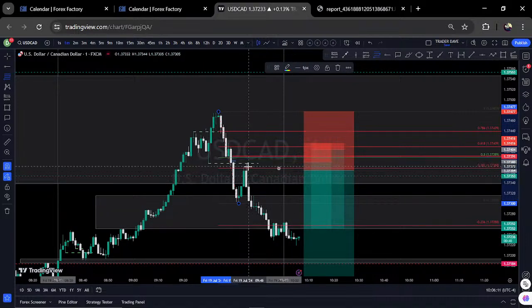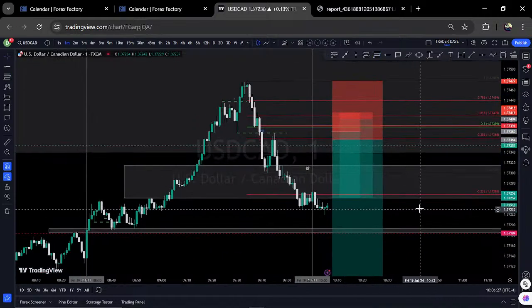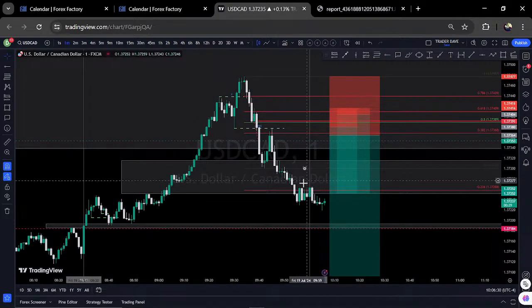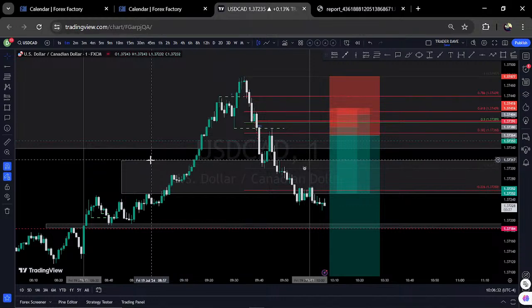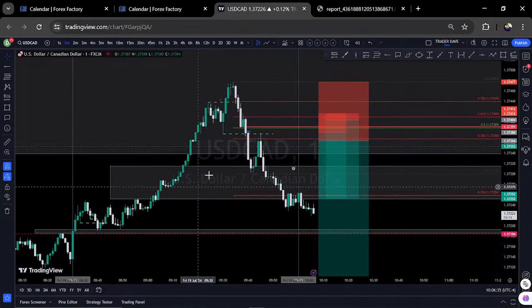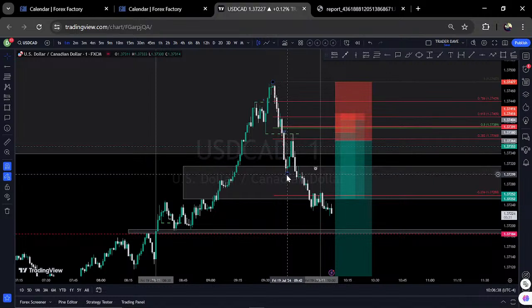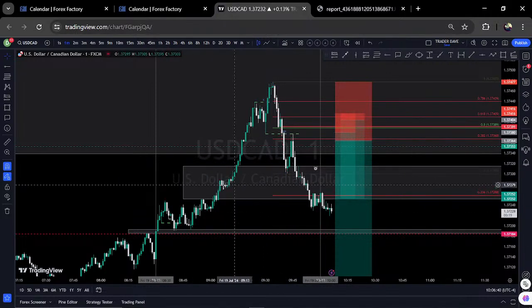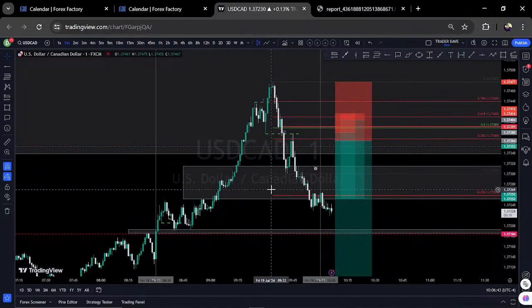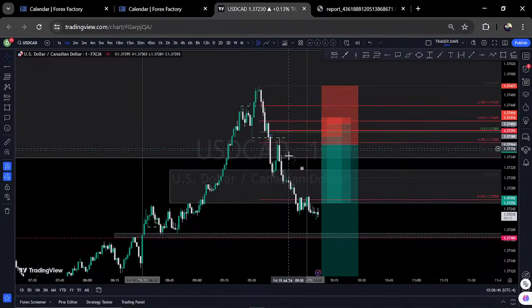This has already formed a short-term high, which we call inducement in SMC, short-term inducement. So I expect the market to drag up a little to this place before we continue our sell. Then, as you can see, this is a 15-minute fair value gap. If the market wanted to continue the buy, it could have rejected from this 50% of this FVG or from any quadrant of this FVG, because you see a sharp move up.